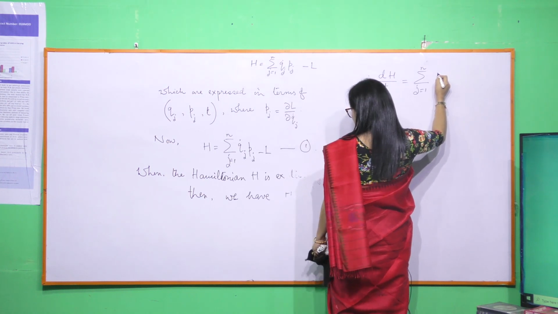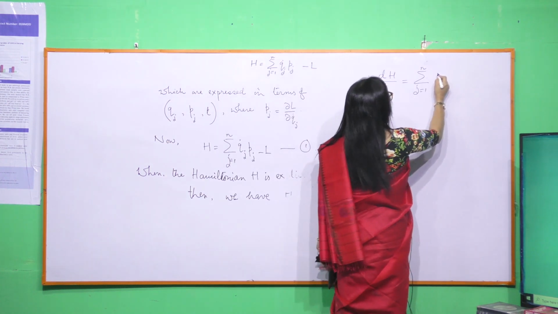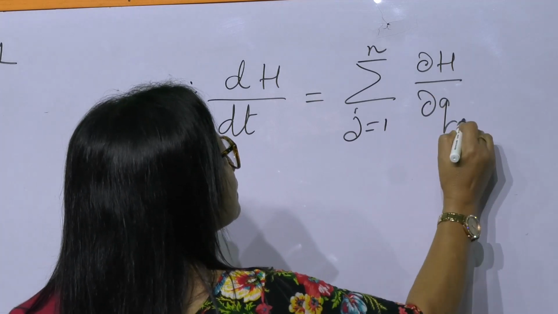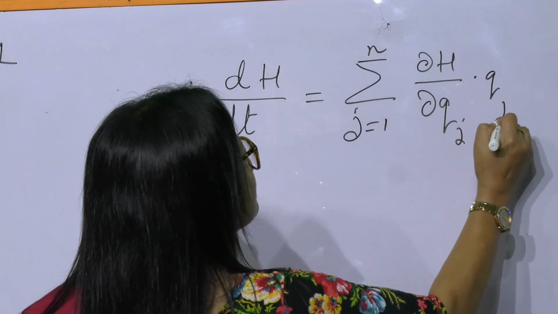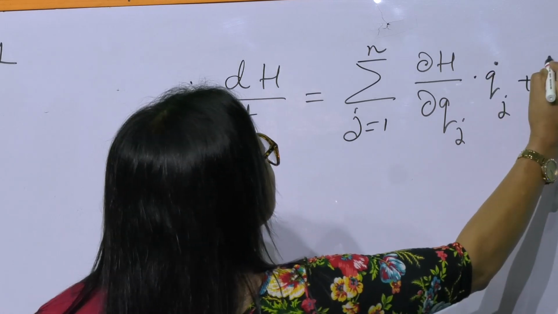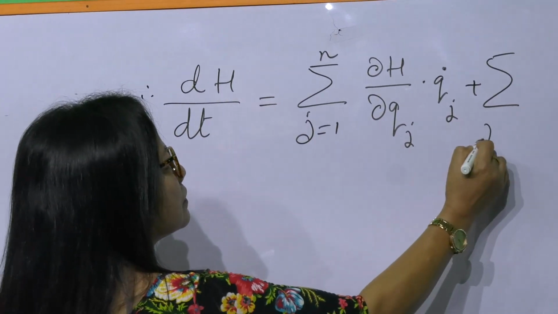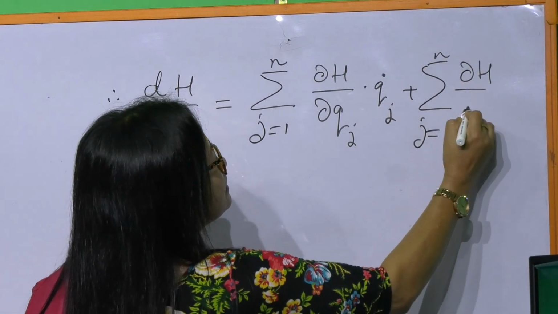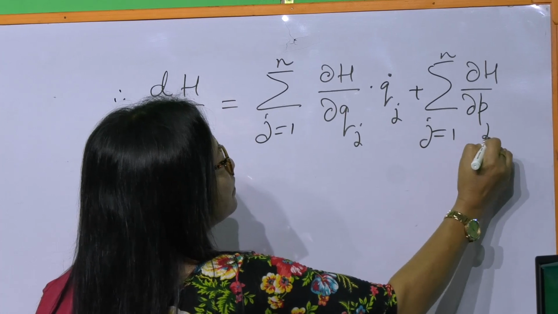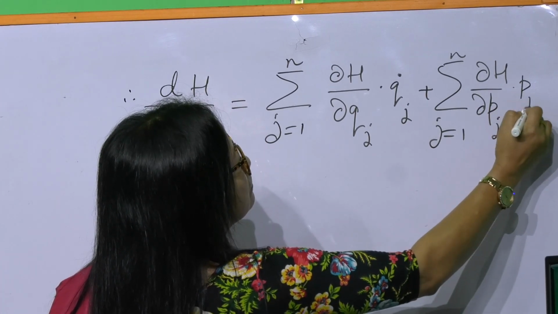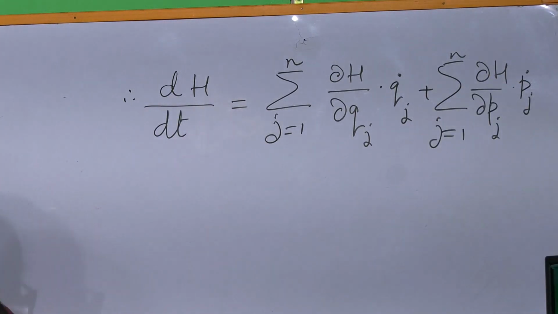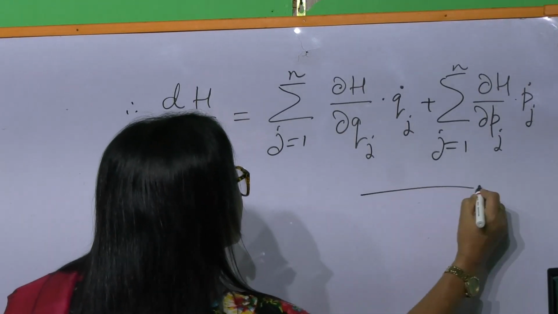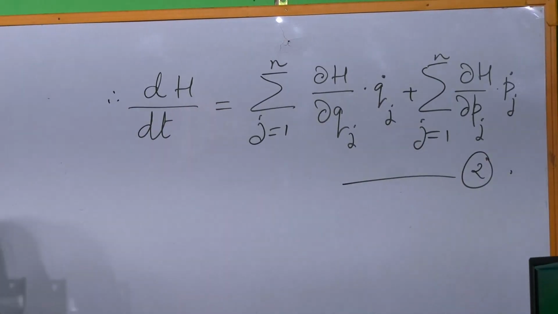Now it is only a function of qj and pj, therefore it becomes del H by del qj into qj dot plus summation of j ranging from 1 to n del H by del pj into pj dot. So again we call this equation number 2.